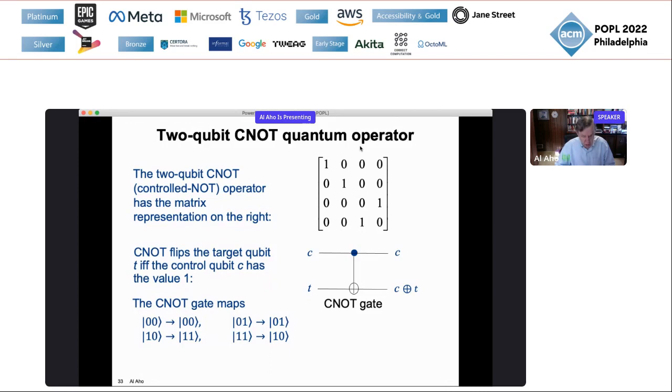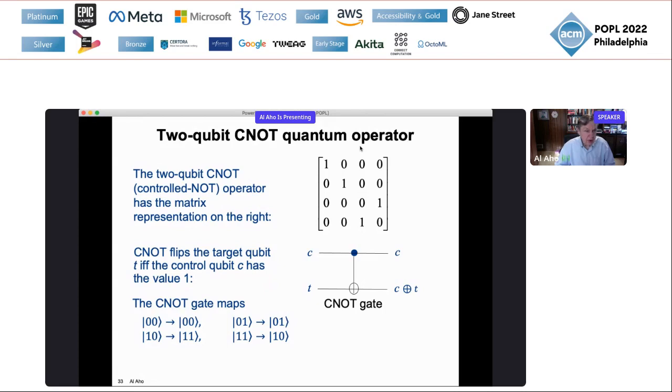It has 2 qubits, C and T. C is a control qubit and T is the target qubit. When these 2 qubits are fed into a CNOT gate, if the control qubit is 0, the target qubit passes through unchanged. If the control qubit is 1, the target qubit is flipped.